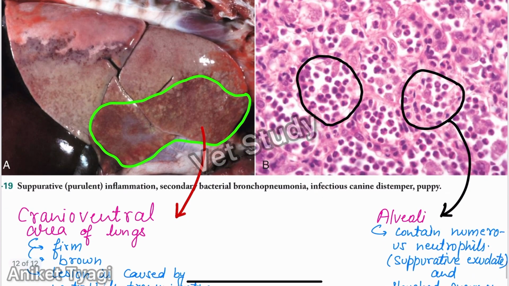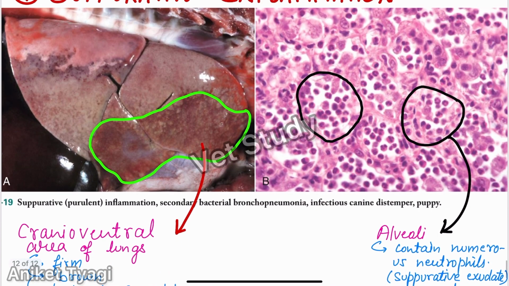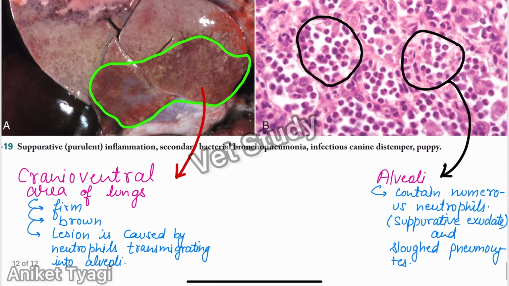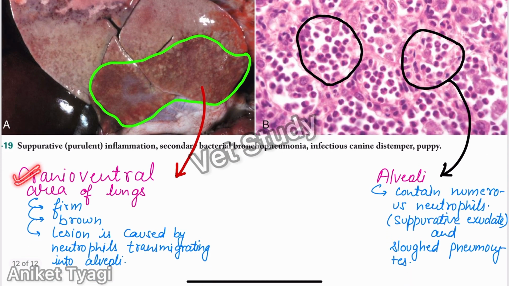If I talk about this diagram, this is suppurative inflammation, a secondary bacterial infection, bronchopneumonia, in case of infectious canine distemper in a puppy. You can see that the cranioventral area of the lungs is firm and brown. This is the cranioventral area of lungs, which is firm and brown, and the lesion is caused by neutrophils which are transmigrating into the alveoli.